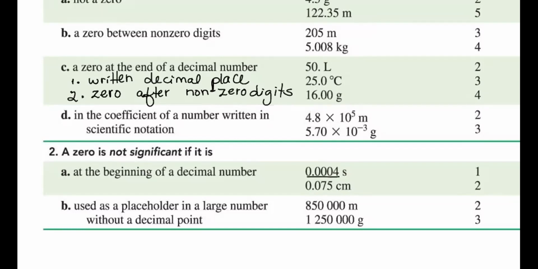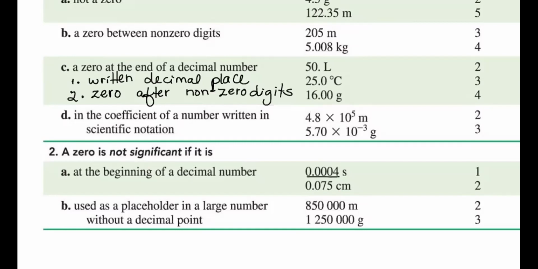Great. So at least people are following. Now, is the second parameter met? Are the zeros in this measurement after a non-zero digit? Great. I see the no's. Thank you for the no's.